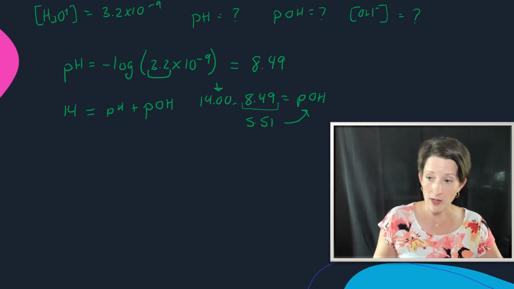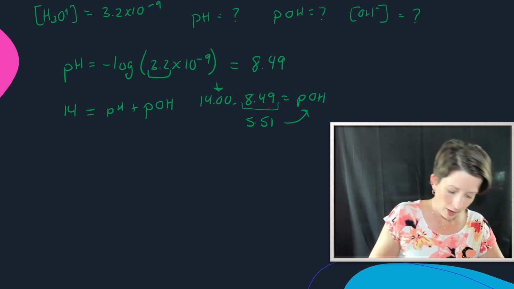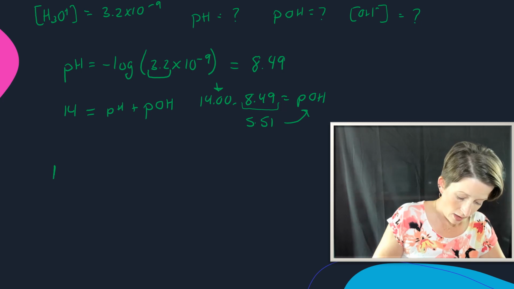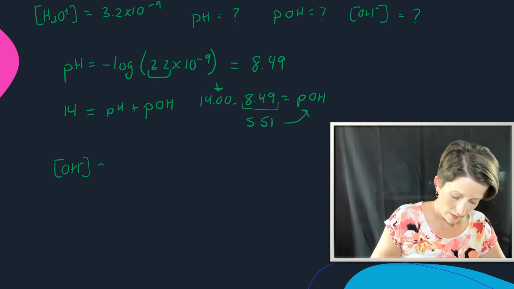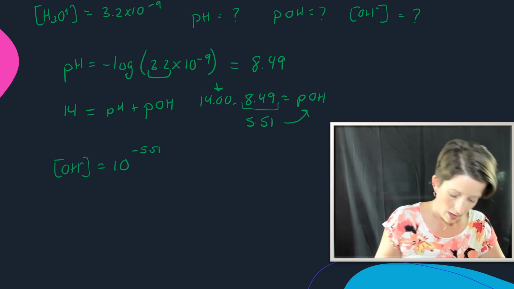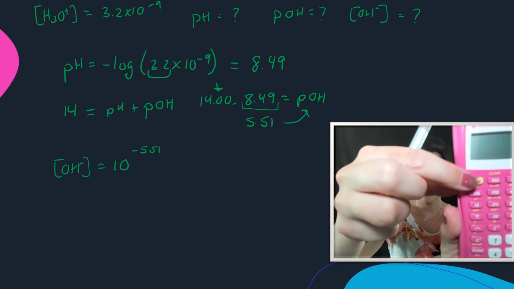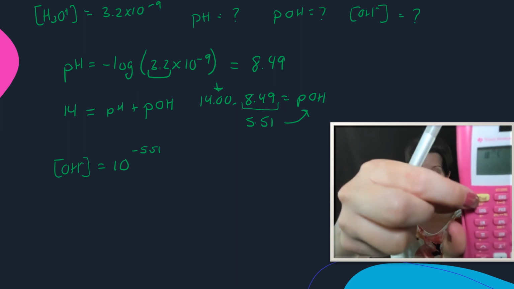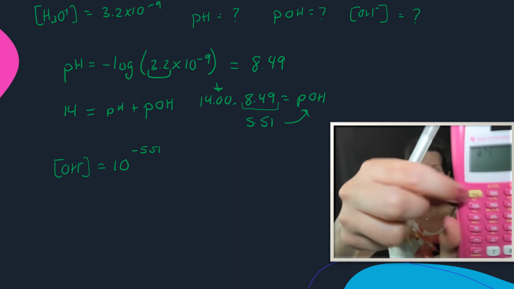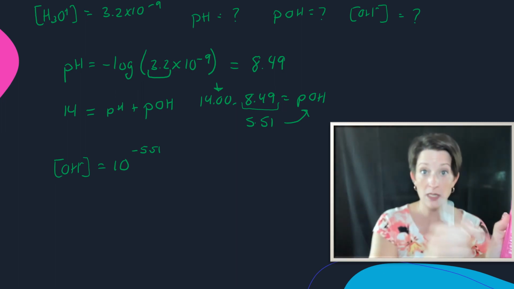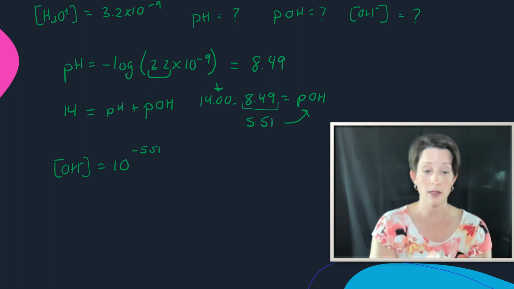Now that I have my pOH, I can do the antilog of my pOH. So the antilog is going to be above your log button, so second, and it's going to give you that 10 caret. That 10 caret is vastly different than you typing 10 caret. You've got to use the antilog function.